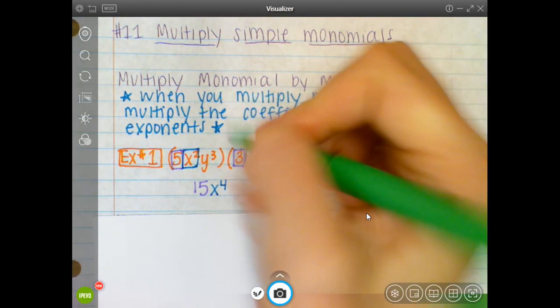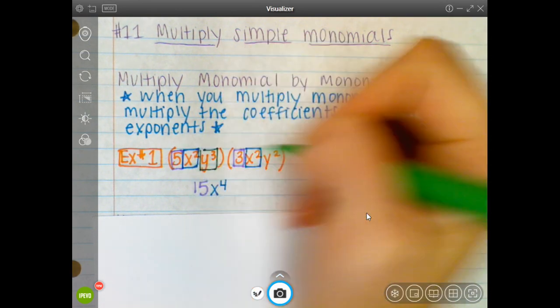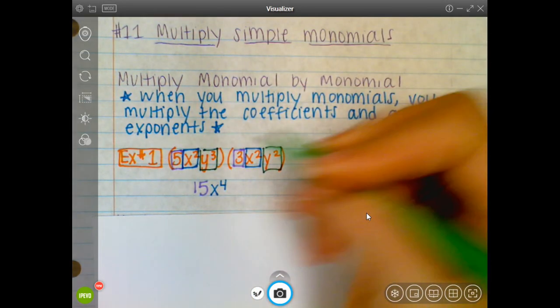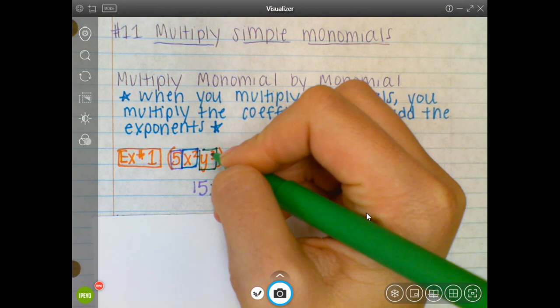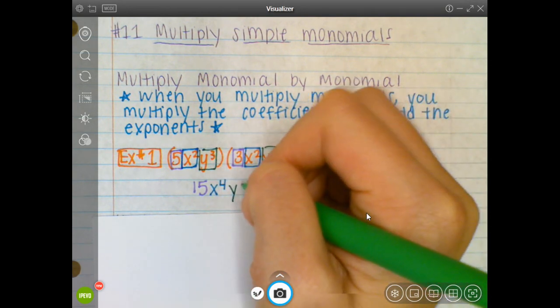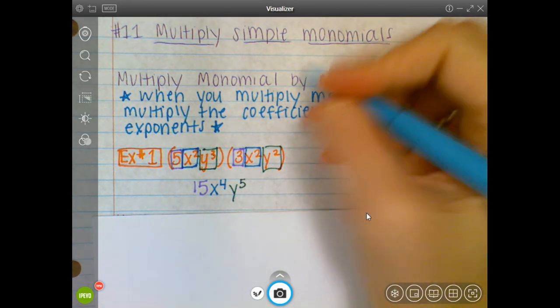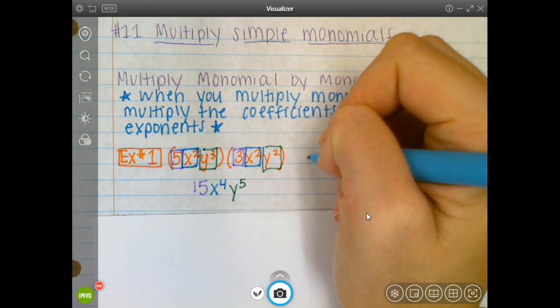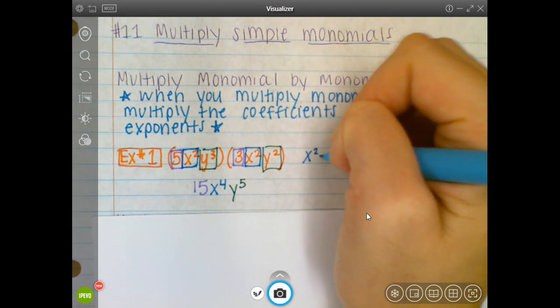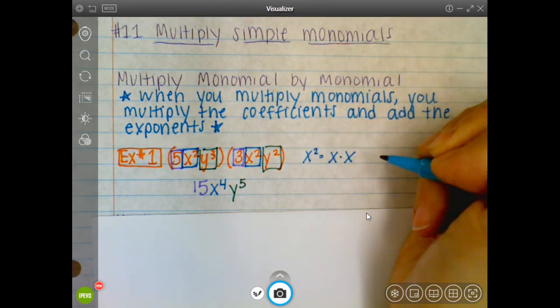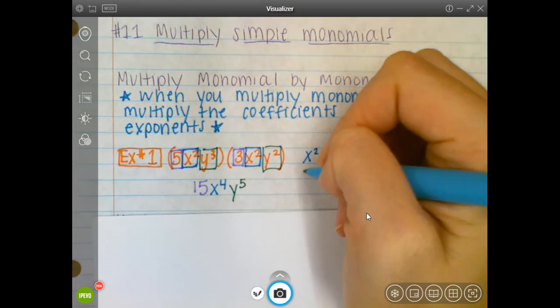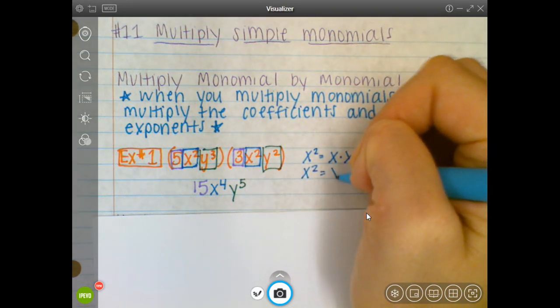And then we're going to do the same thing with the y's. So y to the 3rd times y to the 2nd is not y to the 6th. Remember, you add 3 plus 2, so you get 5. So something that might be helpful for you to do on the side is for the x's: x squared is really x times x, and you're multiplying that with another x squared, which is x times x.